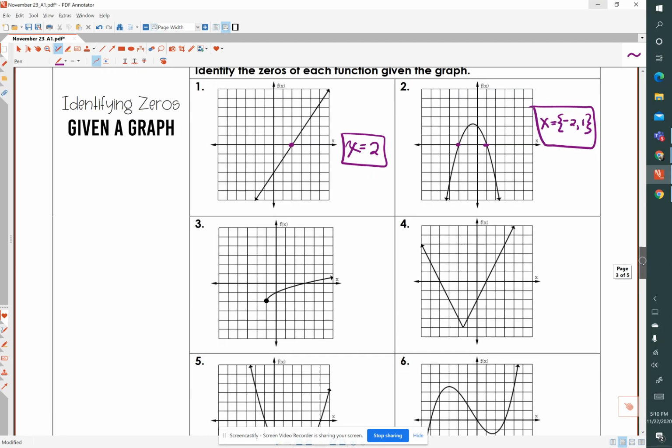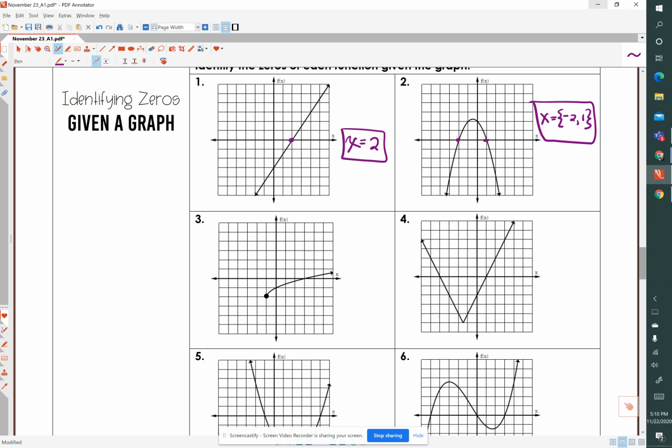So we look at number 3. Again, we're only looking where we intersect the x-axis. So right here, and this is +3. X equals 3. We have 0. This is the point (0, 0). We're only looking at the x value. And this is 1, 2, 3.